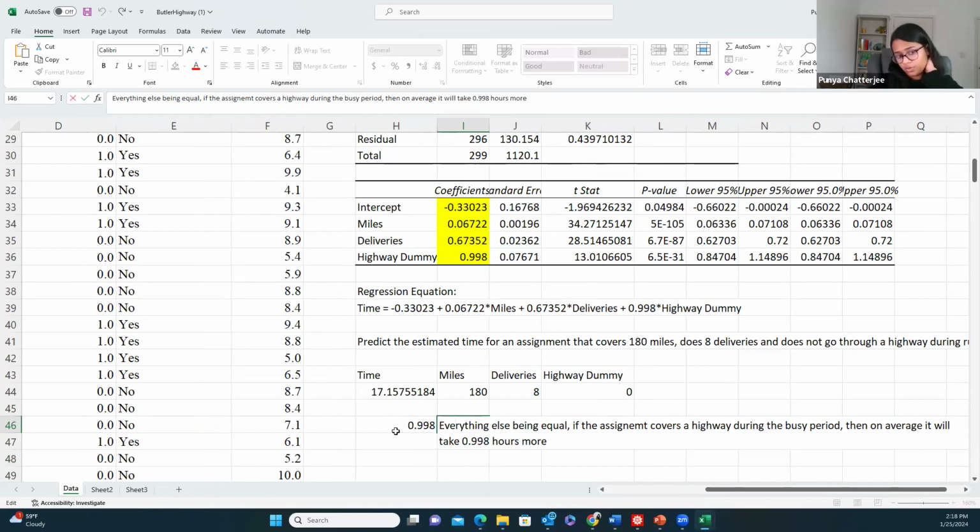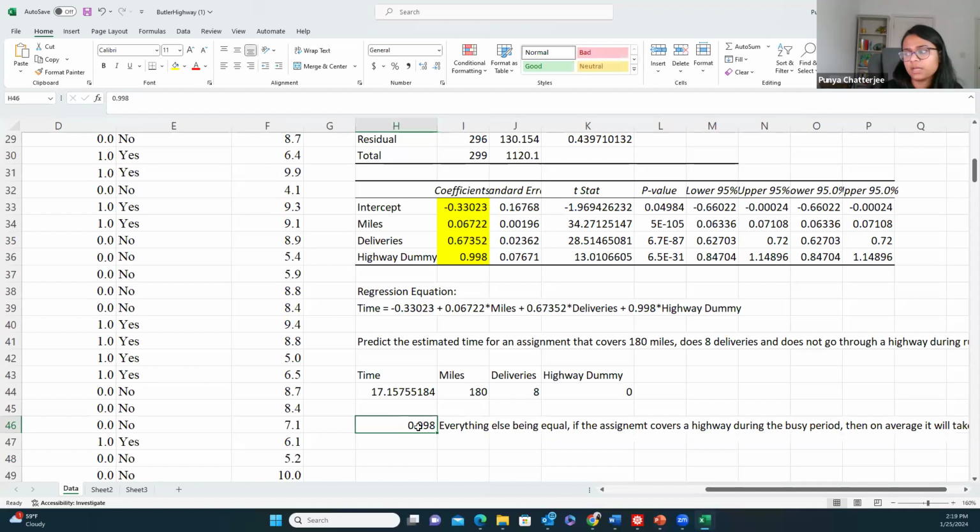Okay. So what I'm trying to stress here is that whenever you are interpreting a coefficient in multiple linear regression, you have to say everything else being equal, right? So nothing changes except the variable associated with the coefficient that you're explaining.